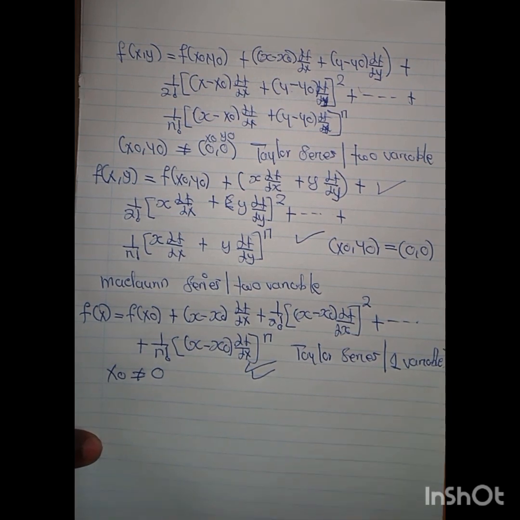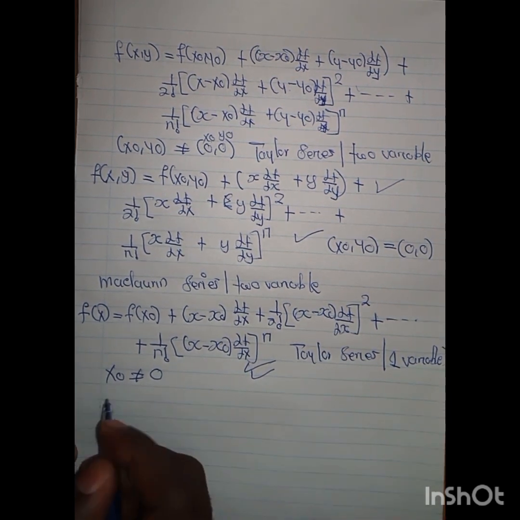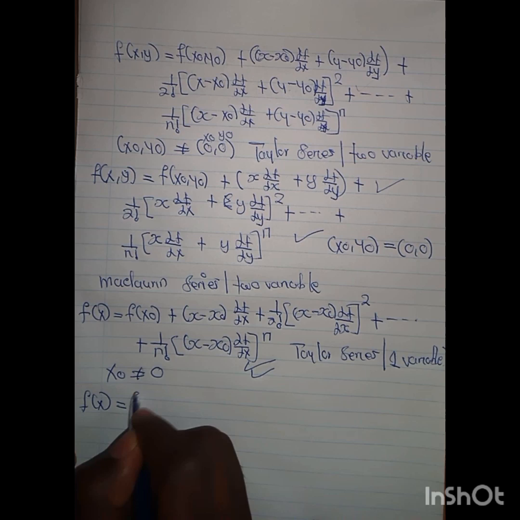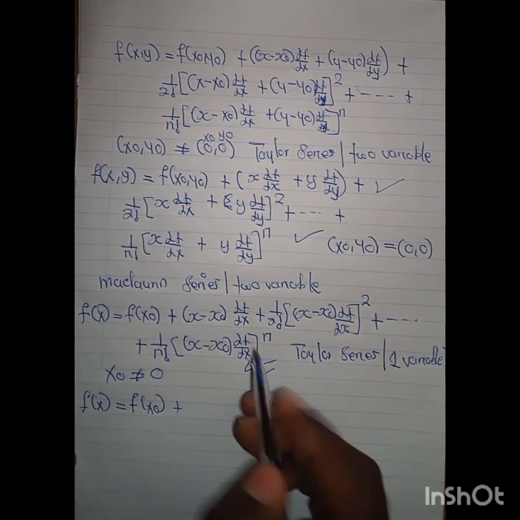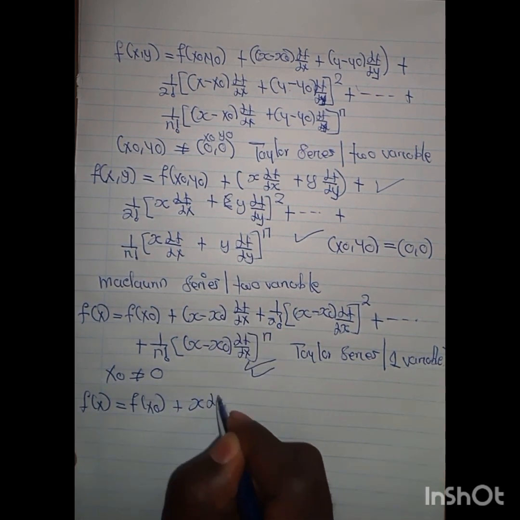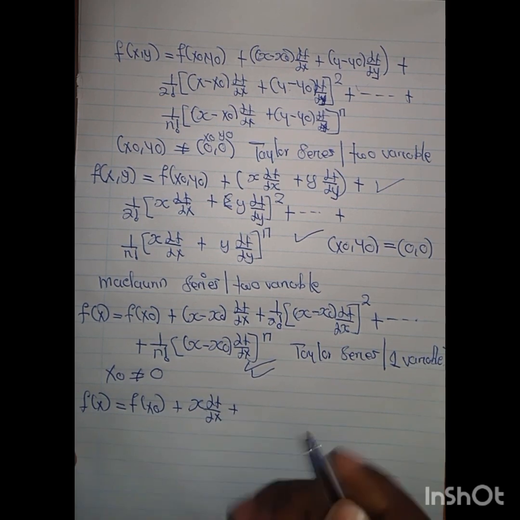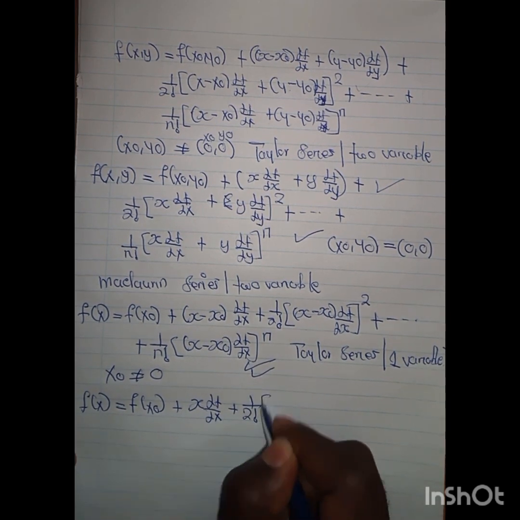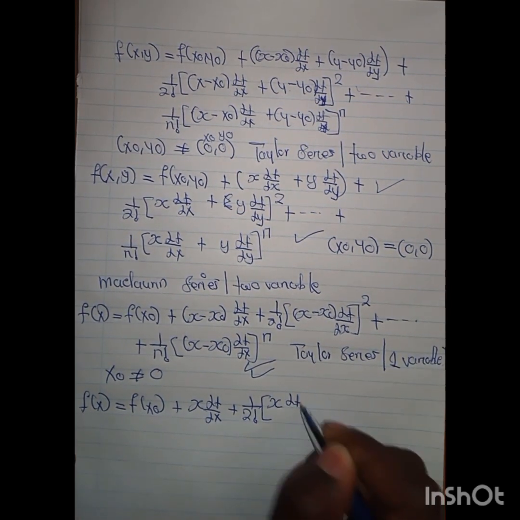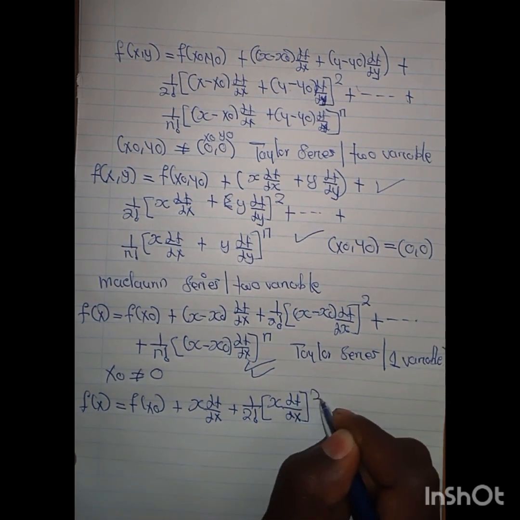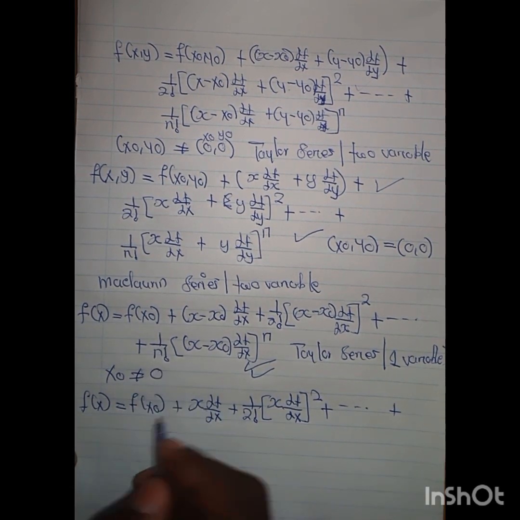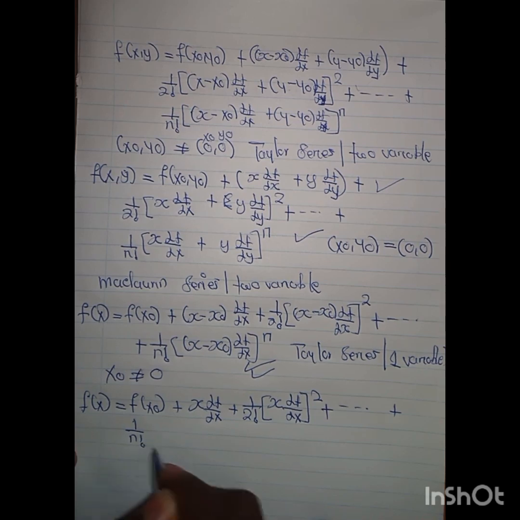If it happens that the value of x0 is given as 0, we are going to use the following formula. f of x is equal to f of x0 plus, x0 being 0, x minus 0, which is x df dx, plus 1 over 2 factorial x df dx all squared, and then plus, this formula can run up to n, so we'll have 1 over n factorial.